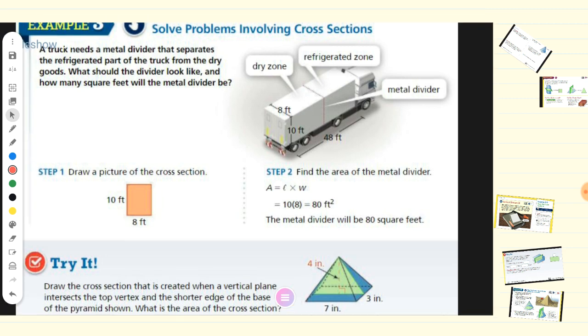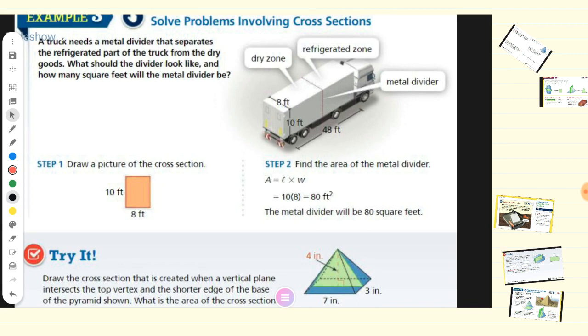I want to slice this truck into two parts, so I need a metal section to slice it into two parts to separate the refrigerated zone from the dry zone. This part is the shape of what?